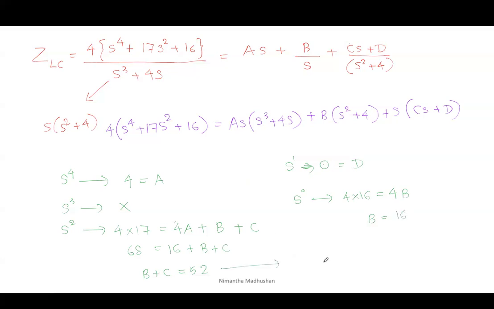From this one, 16 plus C is equal to 52. C is equal to 36. And these are the values: C is equal to 36, B is equal to 16, A is equal to 4, and D is equal to 0.